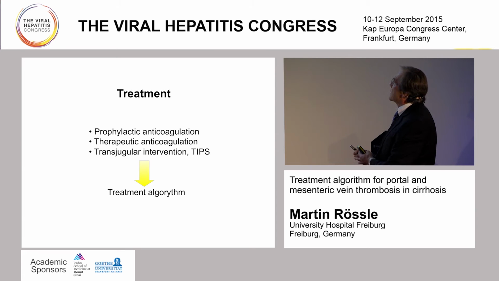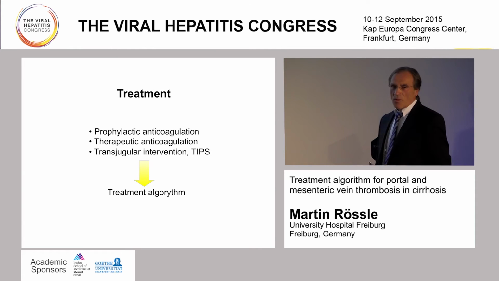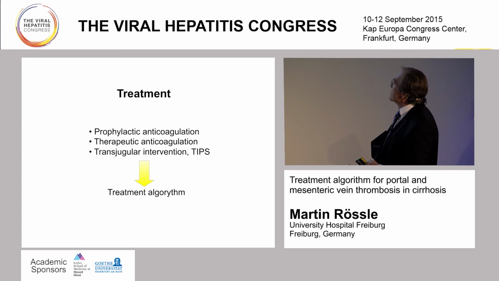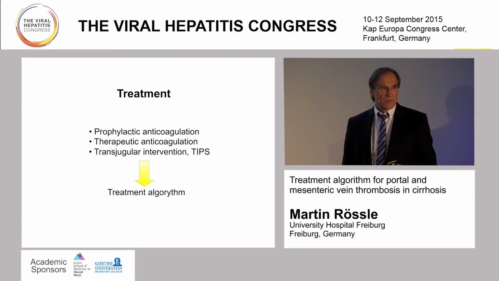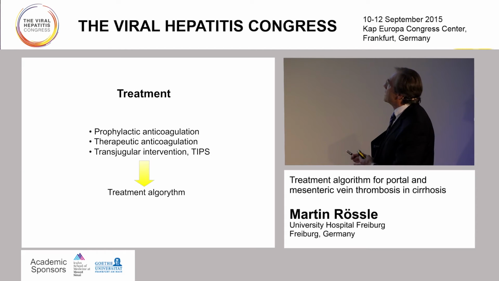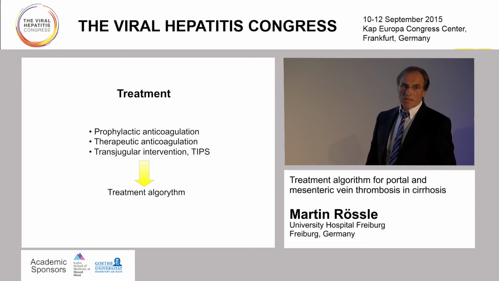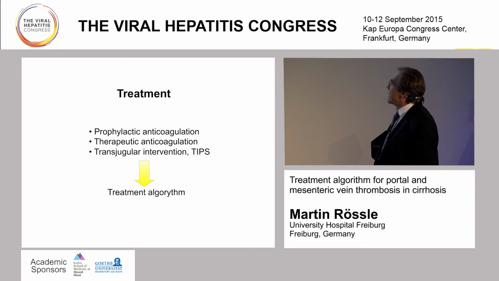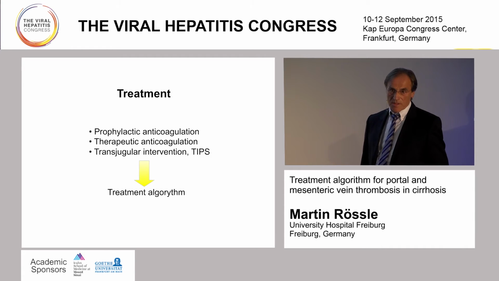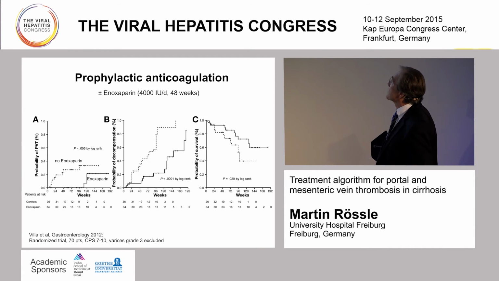And the third level is the transjugular intervention of a thrombosis, probably together with a local thrombolytic treatment. And after having discussed these points, I would like to give you my suggestions on the treatment algorithm of portal vein thrombosis in patients with cirrhosis.